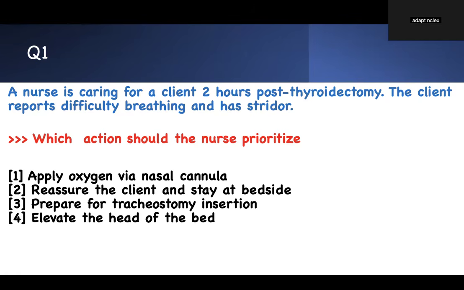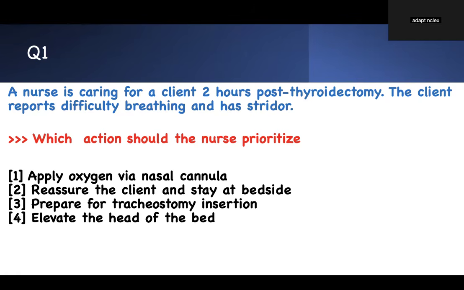Two-hour post-thyroidectomy is airway obstruction. This may be bleeding in the neck, and that is what is causing the obstruction. We need to secure the airway. Oxygen will not go into the lung anymore because the airway is obstructed, as shown by stridor. That should be your clue, telling you this patient is dying.